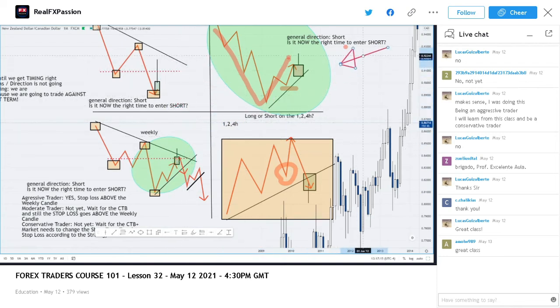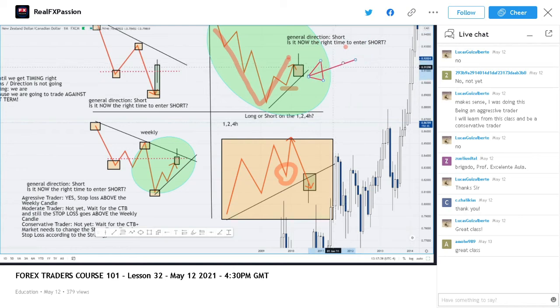Now we are on the daily, right? So we're going to remove everything. This is the chart. The monthly is up in here, right? And we are looking at the daily. General direction short. Is now the right time to go short, everybody?